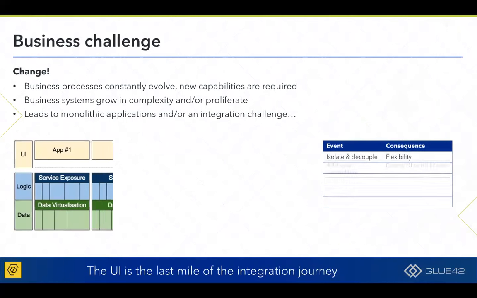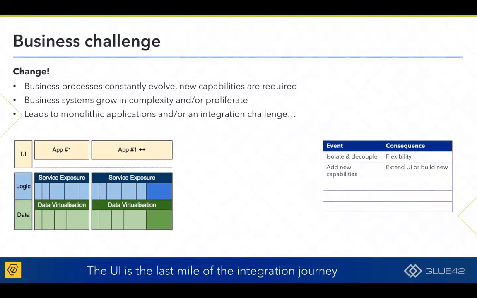So let's consider the first scenario where you've got some additional business functions, some additional business capability that you would like to expose to your end users. Well, if you have an enterprise service bus or a data virtualization layer, that's quite simple. You add your new capabilities into the facade. And then, well, I guess you've got a choice with the UI.